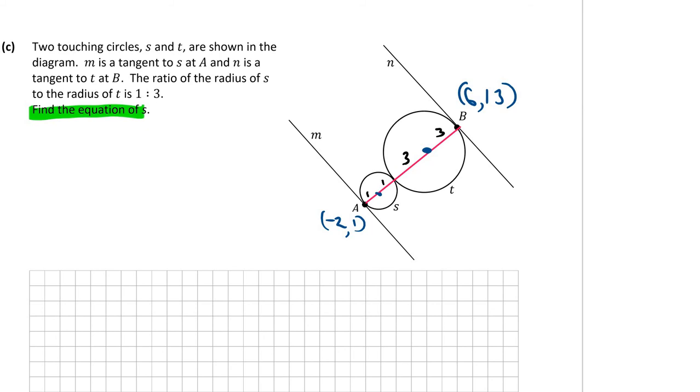So what's happening here is I'm going from A to B. Let's have a look and see what's happening to our x values. X is going up by 8, and y is going up by 12.